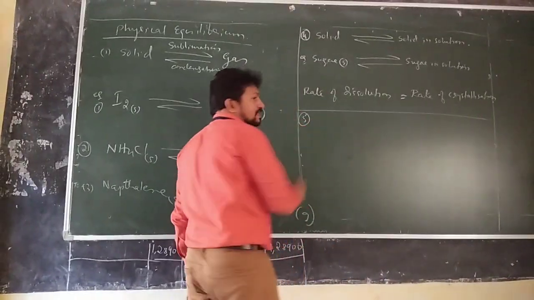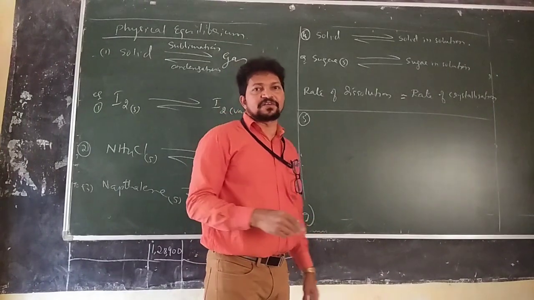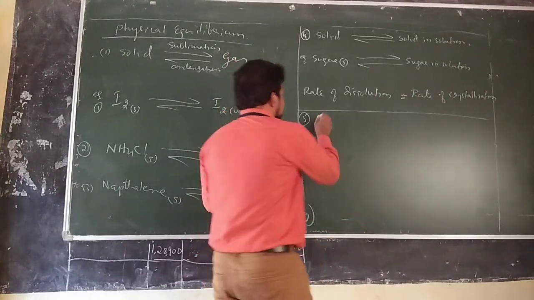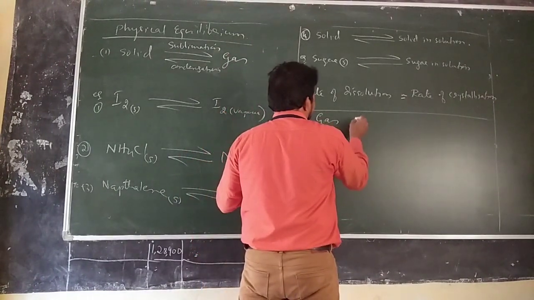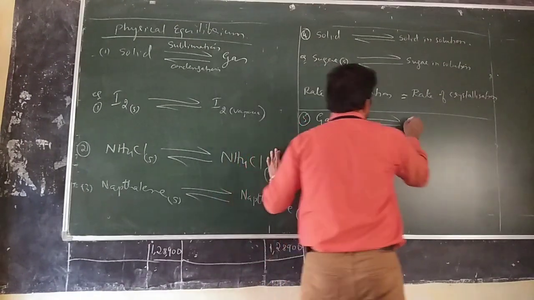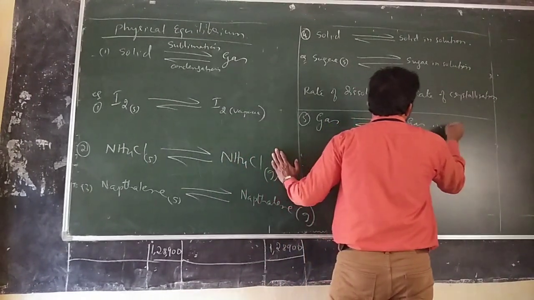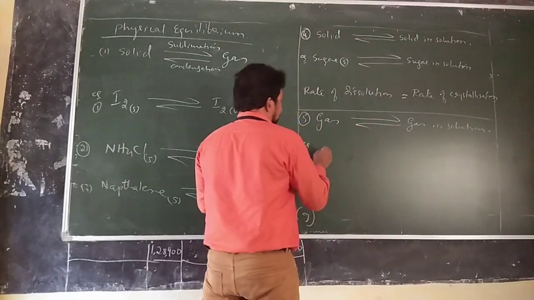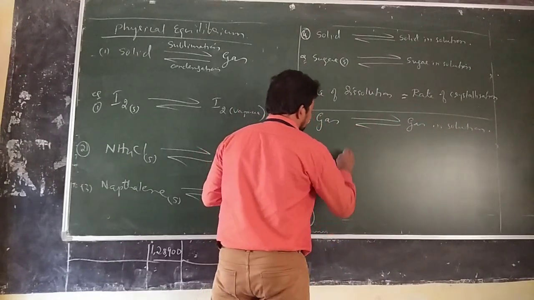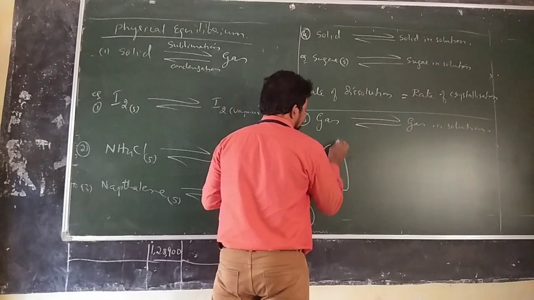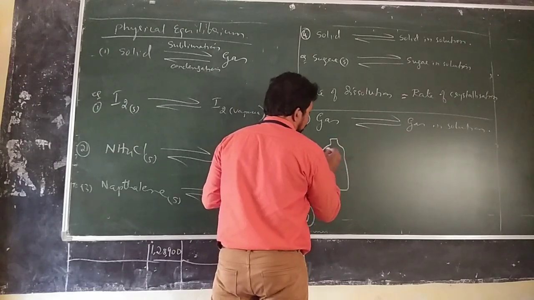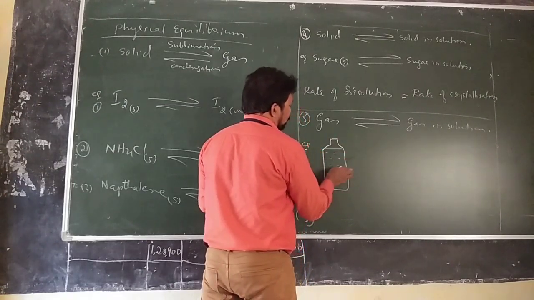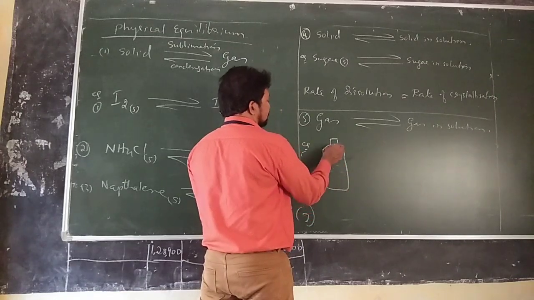And another example, as the last example for physical process, is gas establishing a relation with the gas in solution. For this, we can take the best example, soda. All of you must know, in any closed soda bottle, there is a gap.